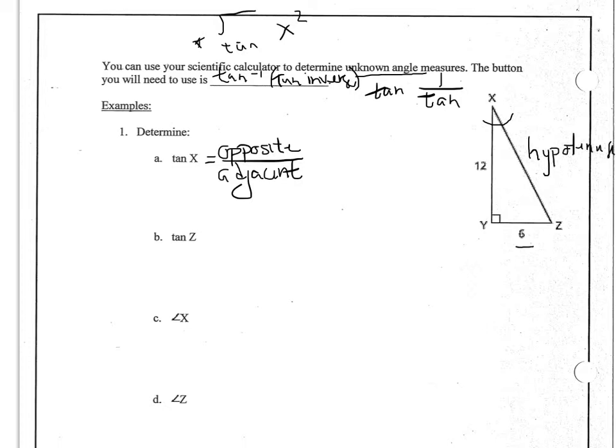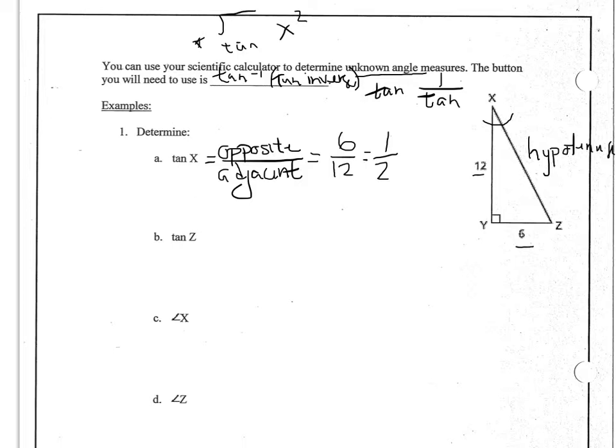In our case, the opposite is 6 and the adjacent is 12. So let's plug those numbers in here. 6 over 12. We can reduce that, and that easily becomes 1 over 2. What that really means is the length of the opposite side, 6, is 1/2 of the adjacent side. So 6 is half of 12, and that works.